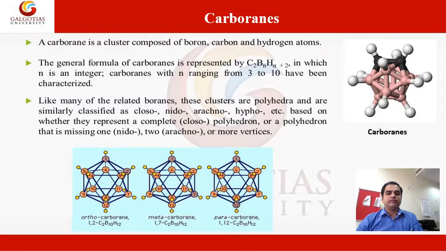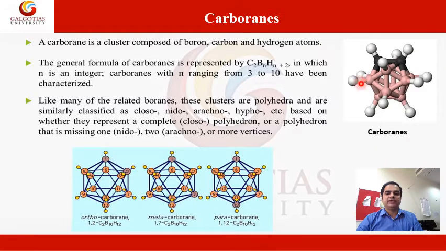And the general formula of carboranes is C2BnHn+2, in which n is an integer value ranging from 3 to 10. That means if we take the value 3 to 10 for n, then we will get the different classes of carboranes found in the literature. Carboranes are also called mixed hydrides of boron and carbon.